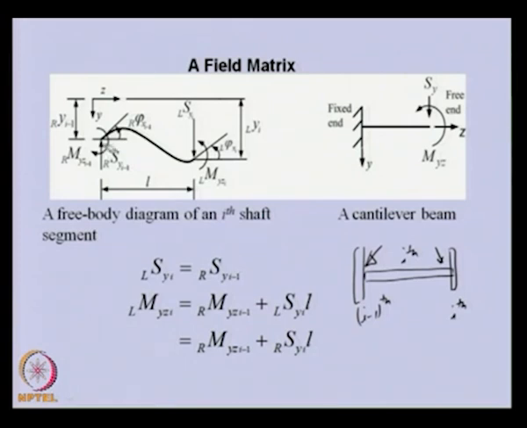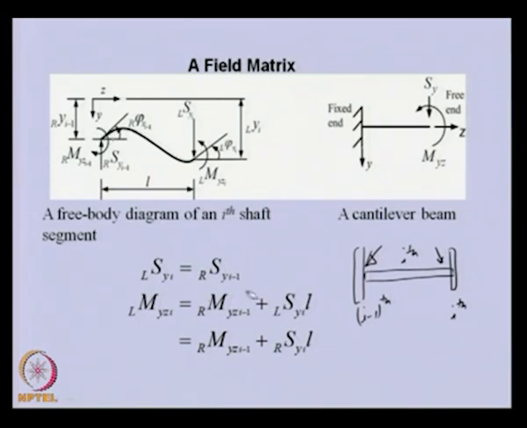And for the bending moment, maybe we can take the moment about, let us say, the left end of this shaft. So, we will have this moment equal to this moment plus this shear force times the moment arm. The moment arm is nothing but the length of the shaft. Because this shear force acts right where we are taking the moment, it will not contribute to this moment.